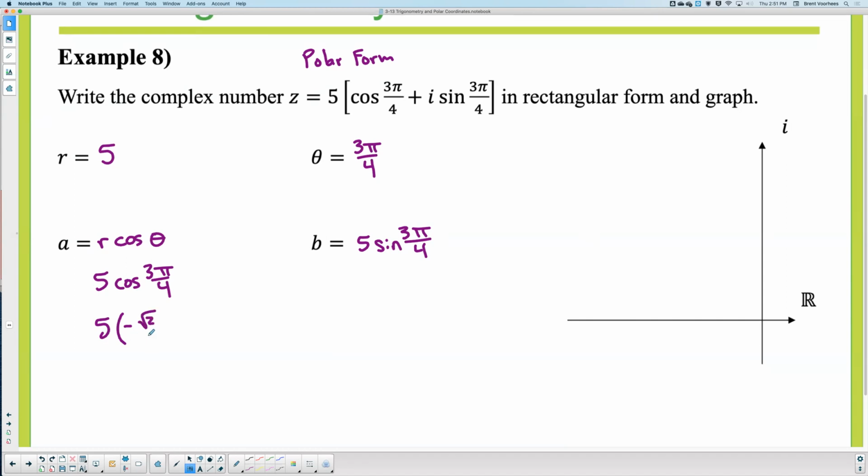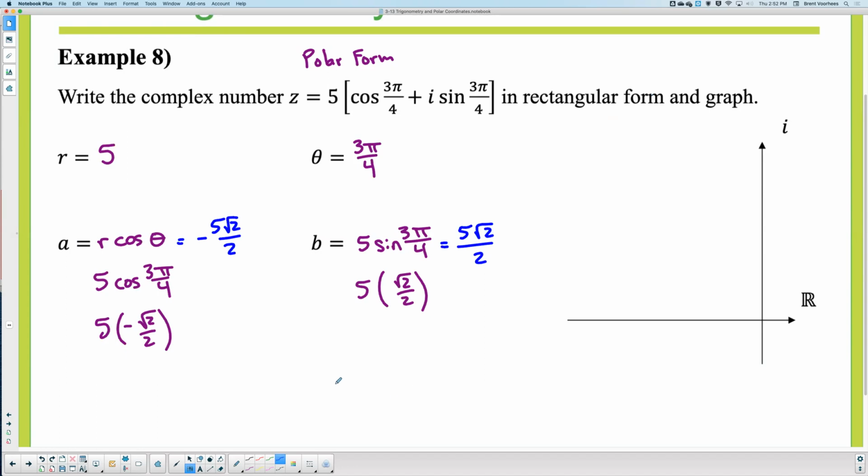So it's the square root of 2 over 2. Why did I do a negative? Second quadrant. And over here, it's going to be 5 times the positive square root of 2 over 2. That does not reduce, does it? So I'm just going to leave it as the negative 5 square root 2 over 2. And this would be positive 5 square root 2 over 2.